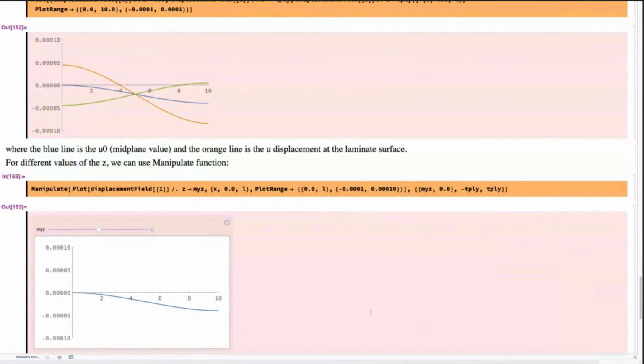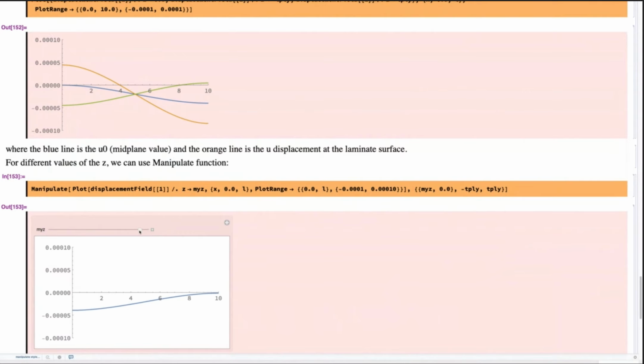So this is the u displacement at different z locations that I can choose from here. At z equals minus half thickness, I get this brownish line at the top. If I go this way, I get this green line, which is at the bottom.